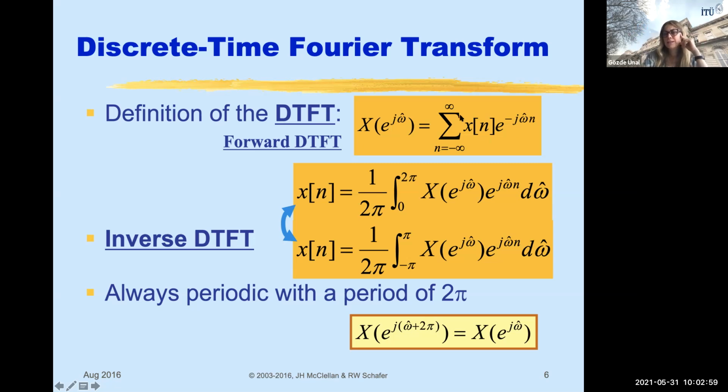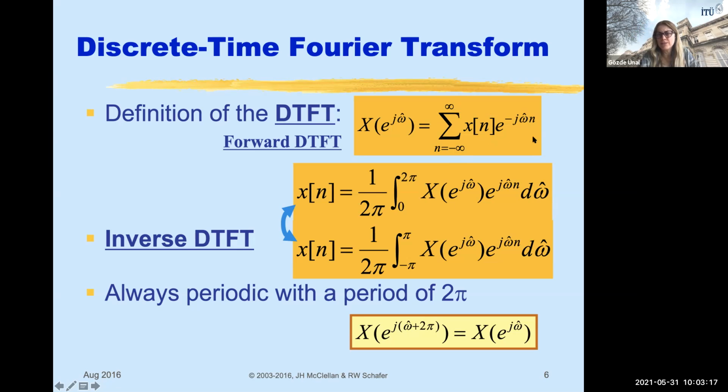So that brings us to a sum, right? In the forward transform. Why? Because my n is an integer variable, a discrete variable. But now I'm using normalized radian frequency, omega hat.